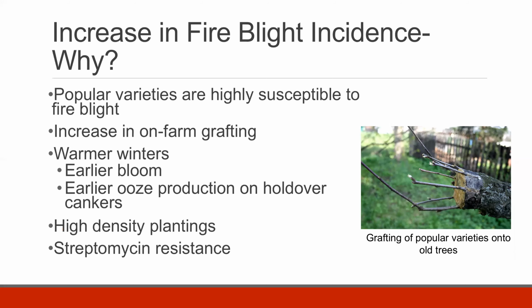We're also finding that growers are doing more of their own on-farm grafting. And on the right here, you can see a picture where they're grafting popular varieties, such as Honeycrisp, onto old trees or old rootstocks. And in doing so, they have the potential to introduce the pathogen into the system or into the tree.